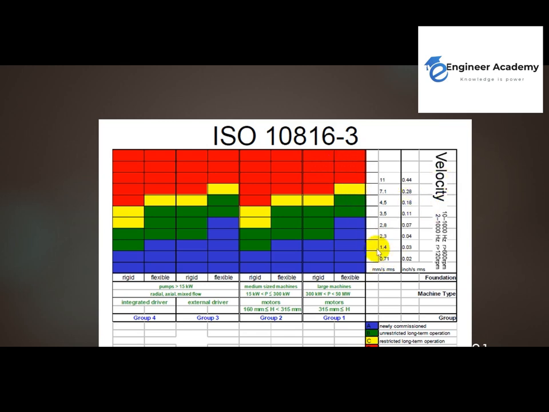Here we found the standard comes with millimeter per second and also inch per second, because we have many units for measuring vibration. And of course we have three categories: displacement, velocity, and acceleration. We can measure the vibration using these three values. Each value can give us an indication about certain failures.